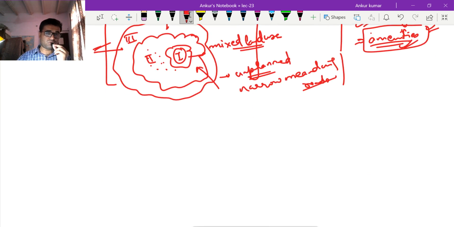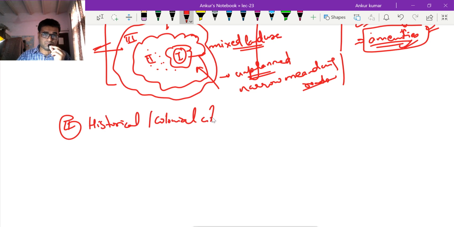Okay, this was the first model, and the second one is the historical or colonial city. See, earlier, let us say this is the old city, right?